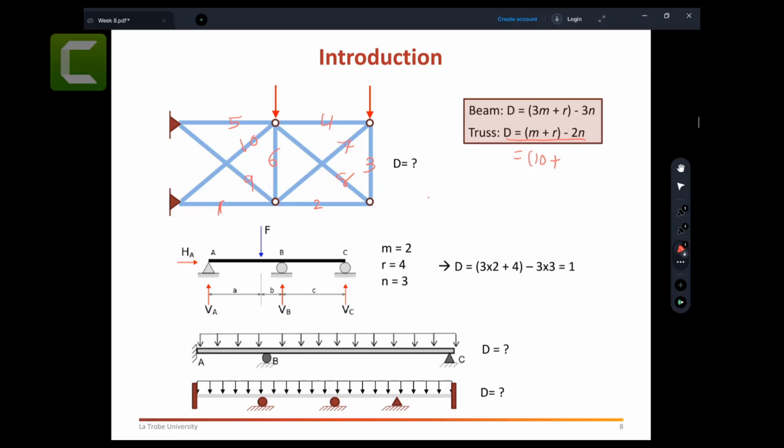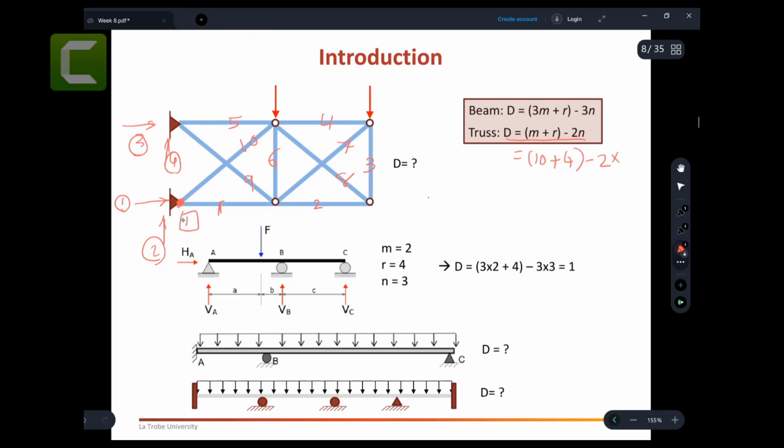10 members are there. How many reaction forces? Reaction force number 1, reaction force number 2, reaction force number 3, reaction force number 4, right? Because a pin support has 2 reaction forces. So there are 4 reaction forces. Take away 2 times the number of joints. How many joints?